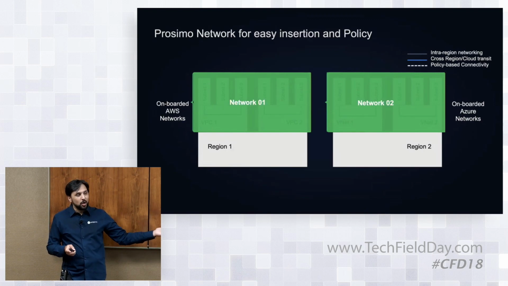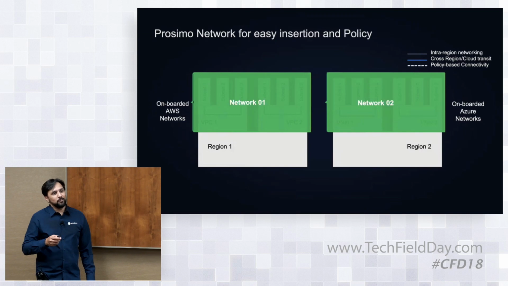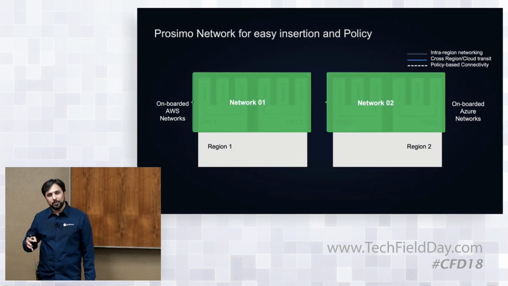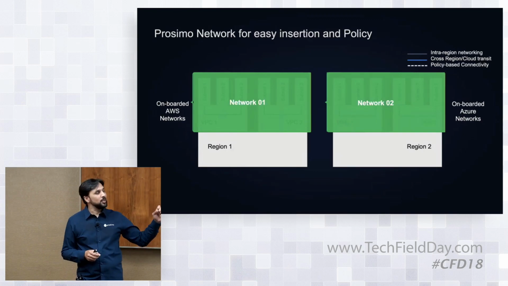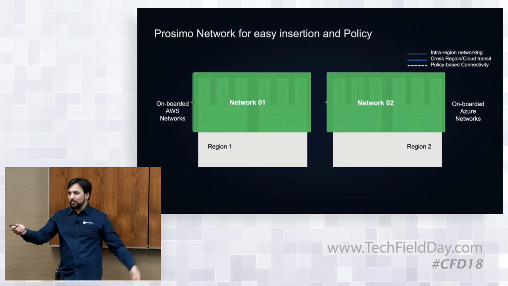So very strong concept, and some of the customers actually love it. Let's say they are moving from an existing environment to Prosimo, or they want to apply certain granular rules based on the org function instead of a VPC layer, they can use this logical construct to apply these. On top of that sits a global namespace, what Gaurav talked about.